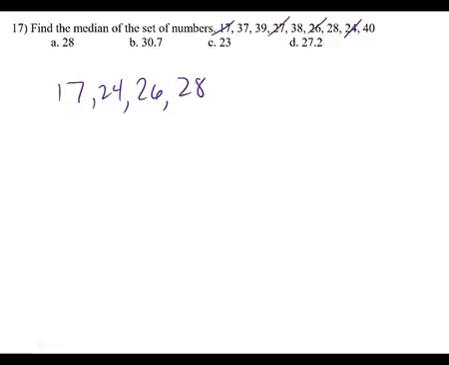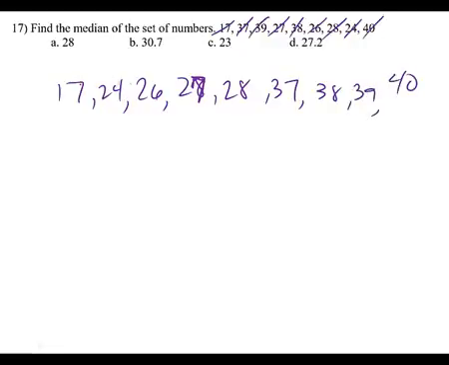All right, then what? Oops. I don't know why I want to write 28 right now. 28. Okay, now what? 37. Okay, then what? 38. 39. 40. 1, 2, 3, 4, 5, 6, 7, 8, 9.